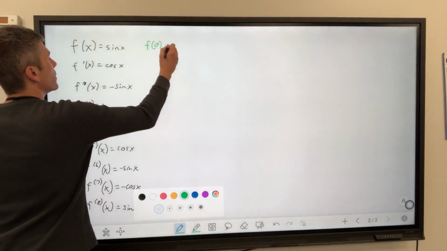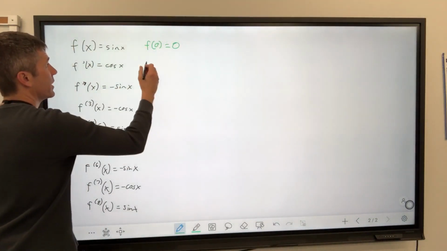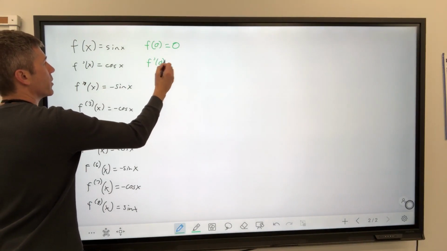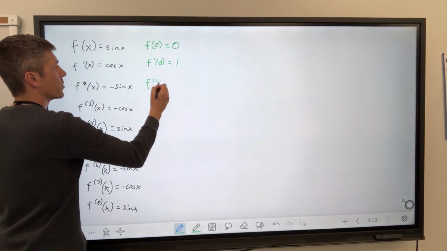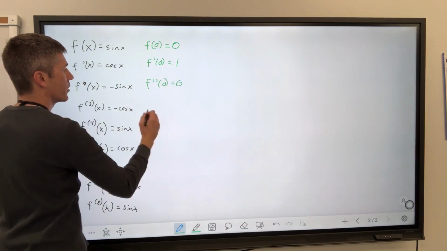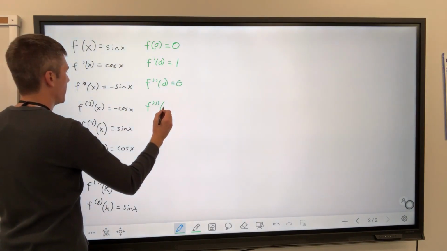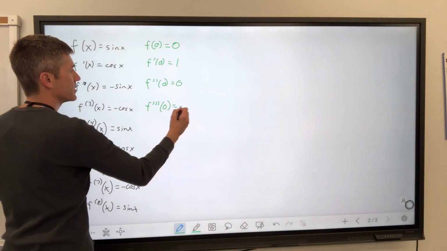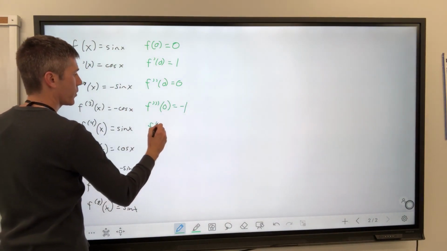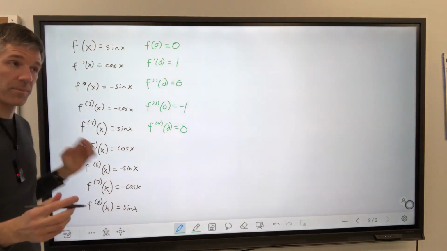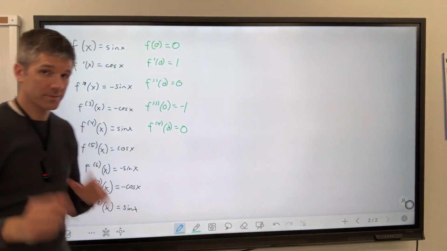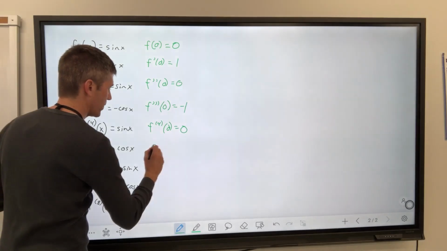F of 0 is, well, 0. F prime of 0, cosine of 0, is 1. F double prime of 0 is 0. F triple prime of 0 is negative 1. The 4th derivative is 0. You can see where this is going. Every other term is 0. It's neat the way this works.